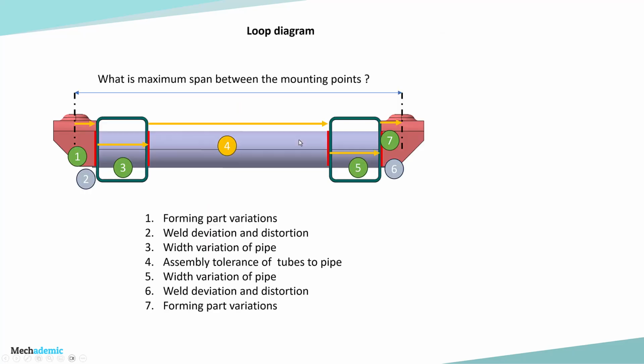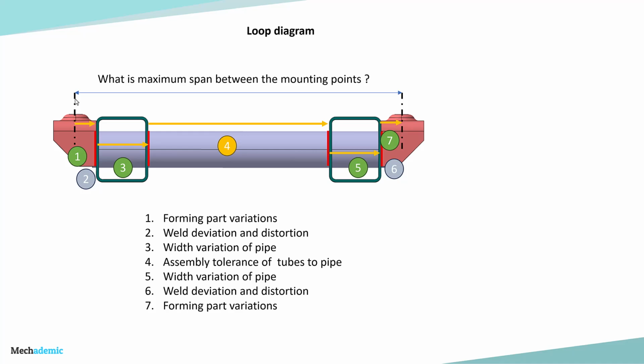So the first step is to create the loop diagram. So that's the first logical step. So we are basically trying to find out the maximum span between the mounting points. Hence we are finding this specification from this axis to this axis, which is A to B. That specification we need to find. For that we can start from here.